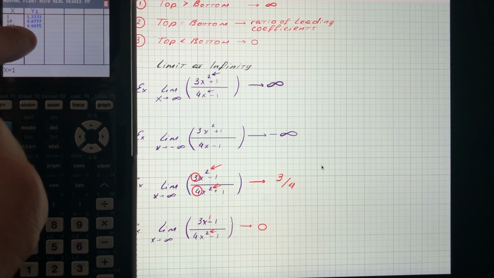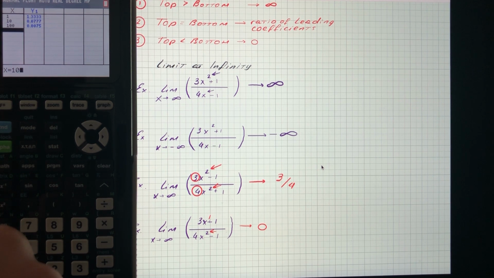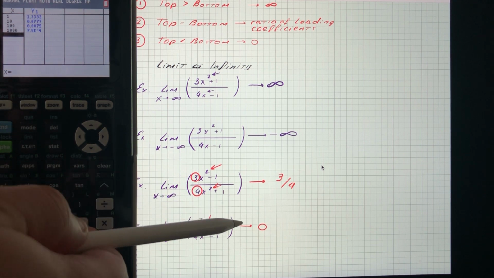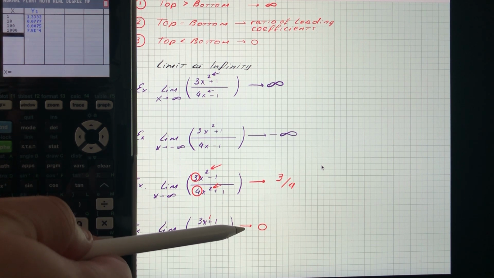There are more and more zeros showing up, so the number gets smaller and smaller. This means e to the negative 4, that means exponent negative 4. So that's like 7.5 times 10 to the negative 4, which means move the decimal over 4 places to the left. So this is more zeros than the previous example. So there are more and more zeros, and eventually we're going to 0, which means our answer is correct.